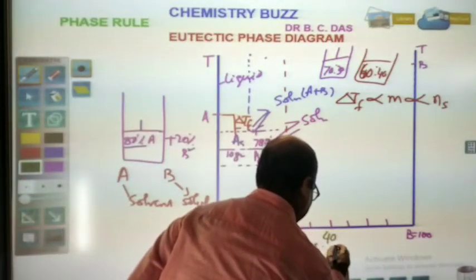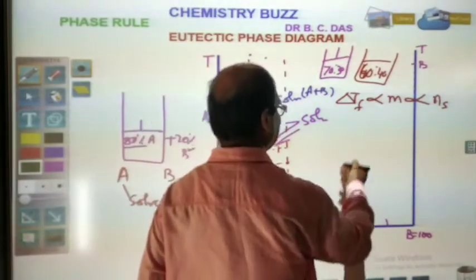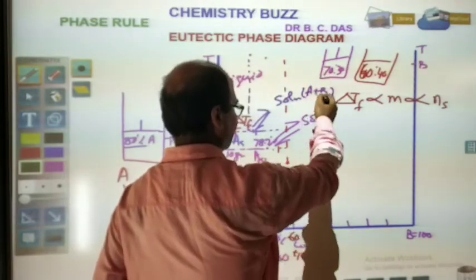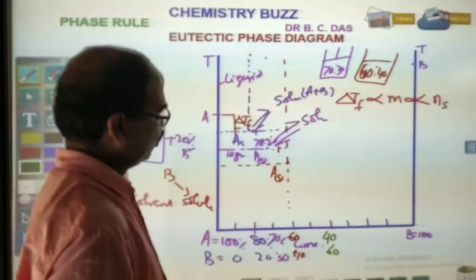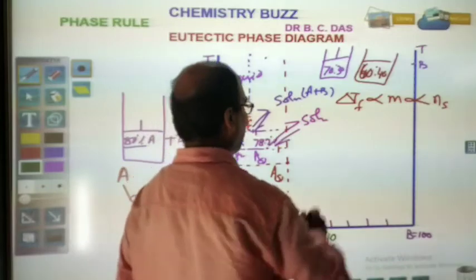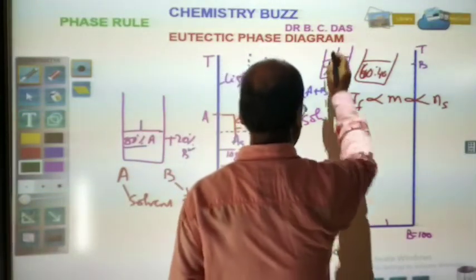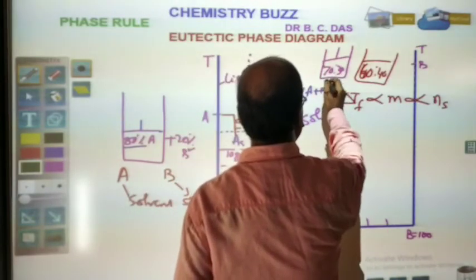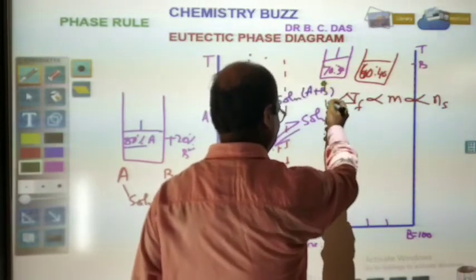So at a concentration of say 40% A and 60% B, we will take it in another container and heat it to a very high temperature where both components become soluble or miscible in their fused states, and this is the percentage composition. At this point it is completely soluble, and let us cool it gradually.